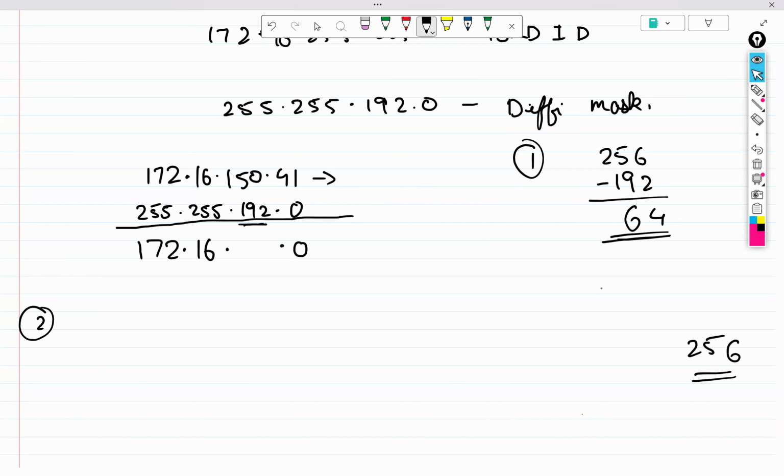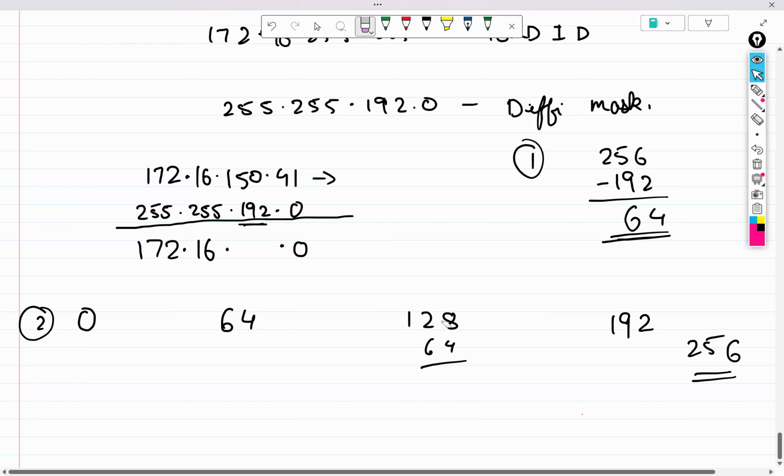So write down the multiples of 64 starting from 0, then 64, then 128, then 192.